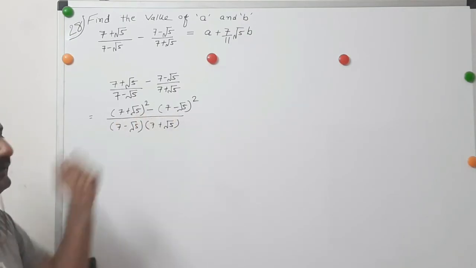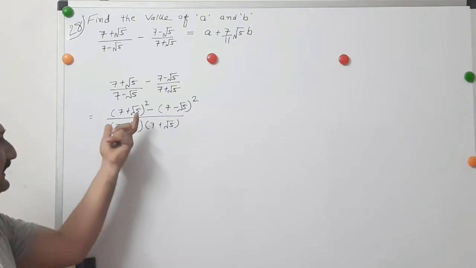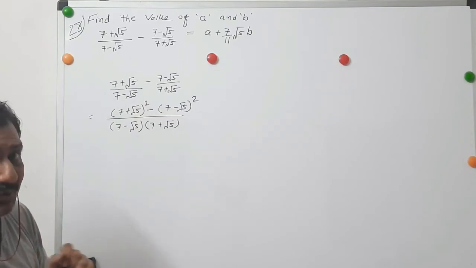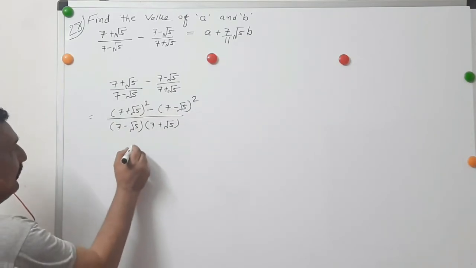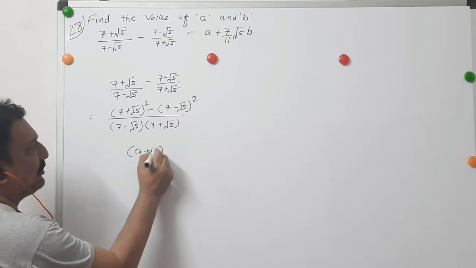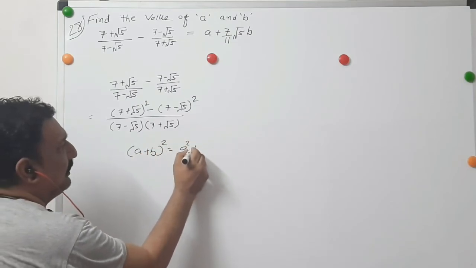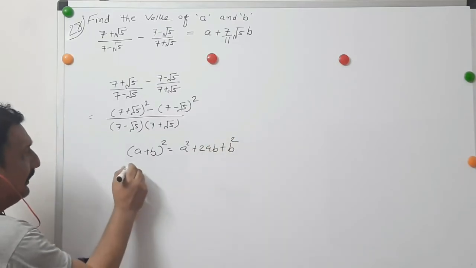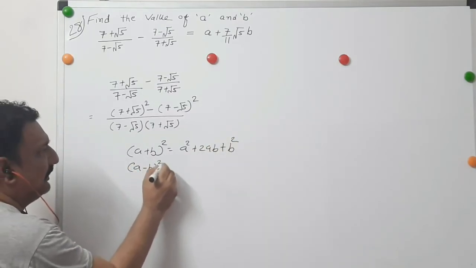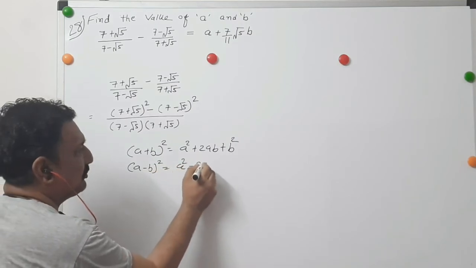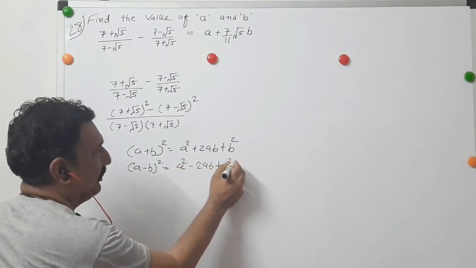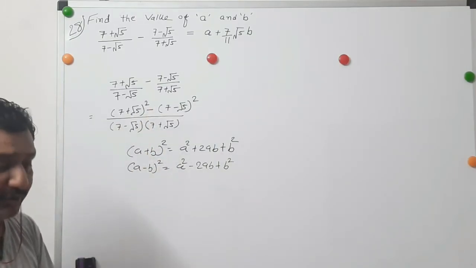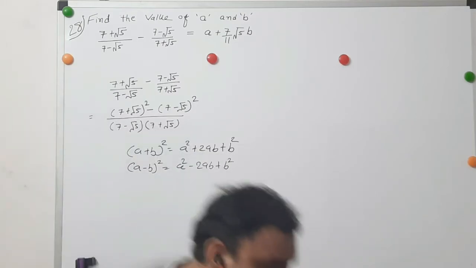Now simplify the numerator part. It is like the identities (a plus b) whole square and (a minus b) whole square. You know that (a plus b) whole square is equal to a square plus 2ab plus b square, and in the same way (a minus b) whole square is equal to a square minus 2ab plus b square. We utilize these two identities to simplify the numerator.